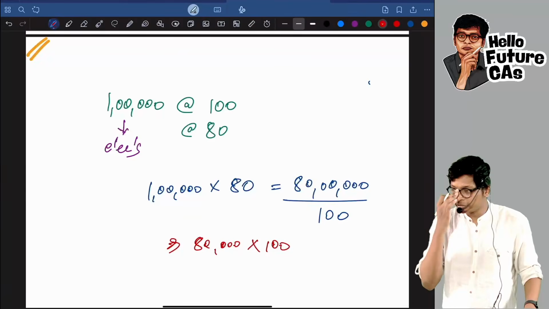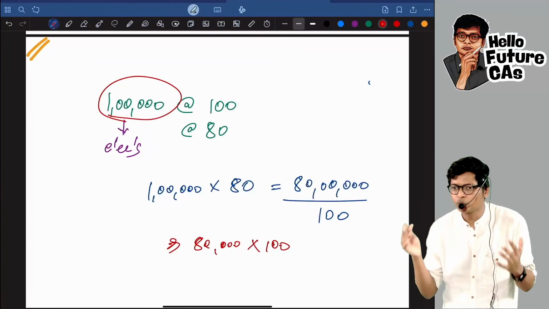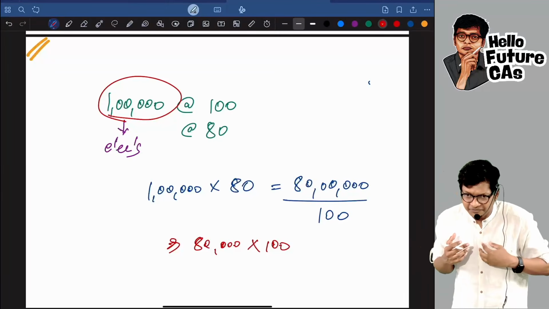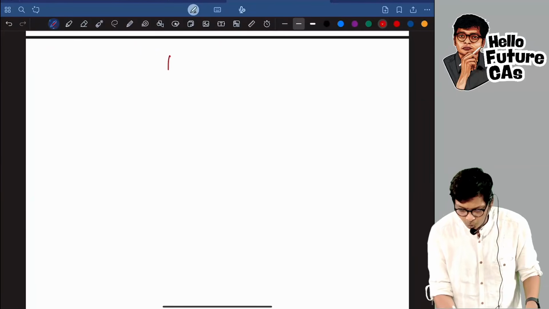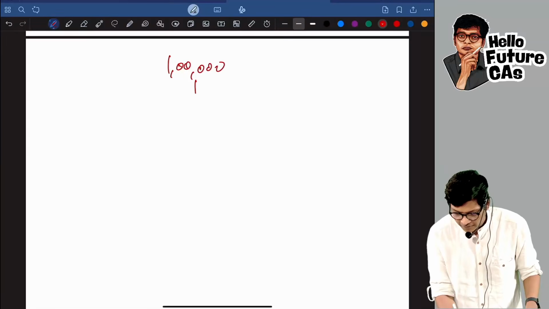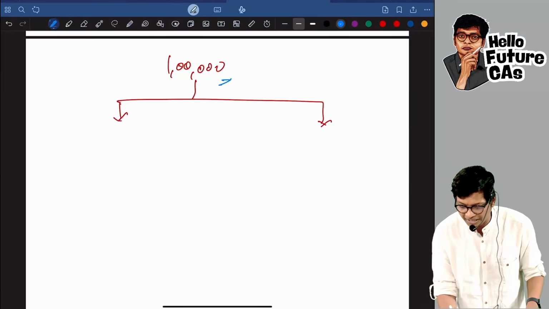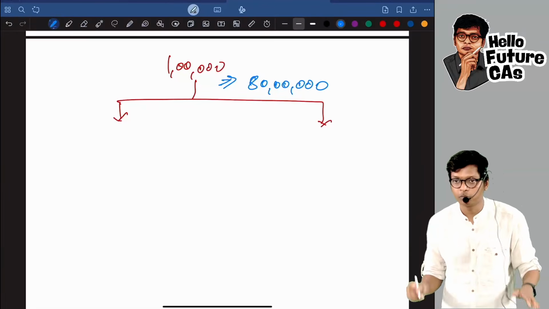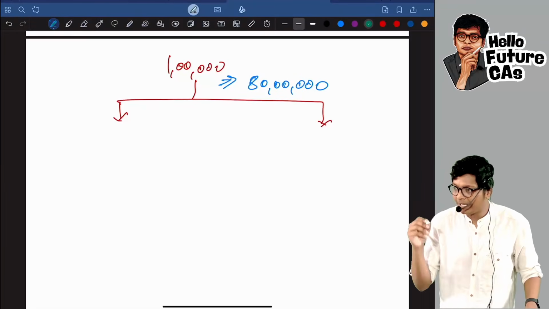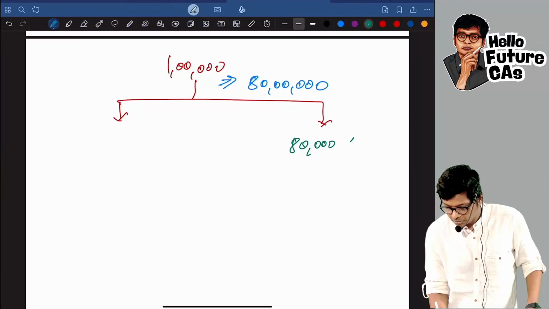He is paying only 80,000 into 100. So what I will do, this 1 lakh I will split into 2. In all sums for options, this only is the logic. So this 1 lakh options will be split into 2. Sir, what is the money you received for 1 lakh? I received only 80 lakhs totally. If I received this at full value, I will write this side. Look at this. 80,000 into 100.